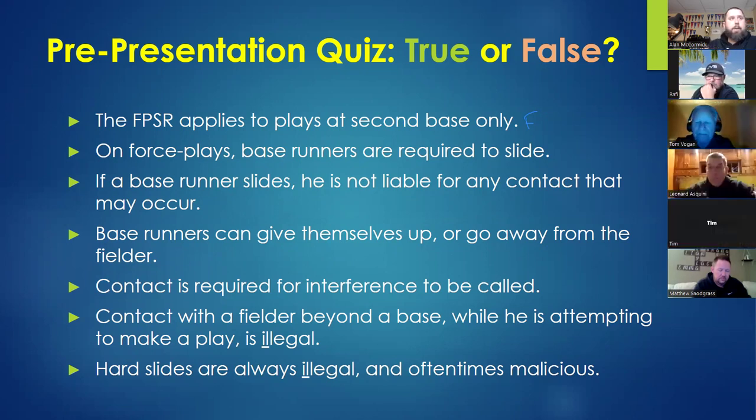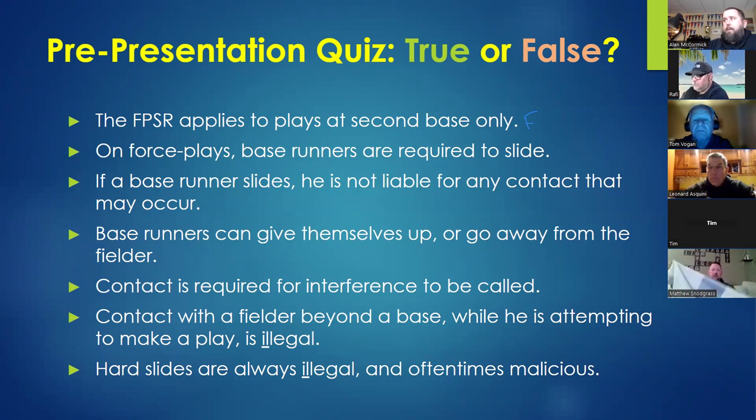Number 3: if a base runner slides, he is not liable for any contact that may occur. We had 25 out of 27 say false, and that's the correct answer. If the base runner slides, he can make contact.